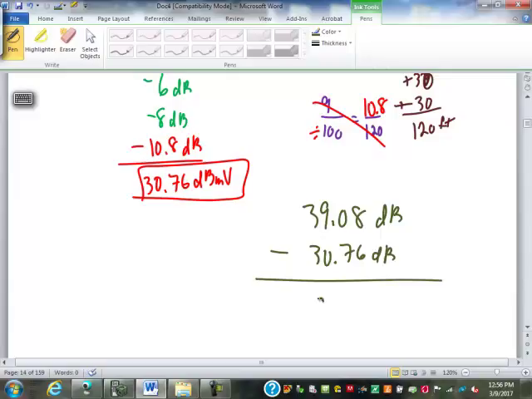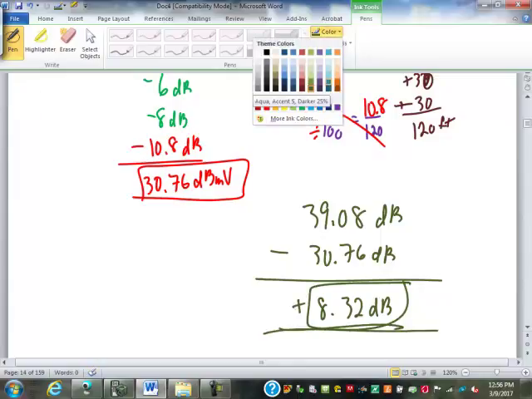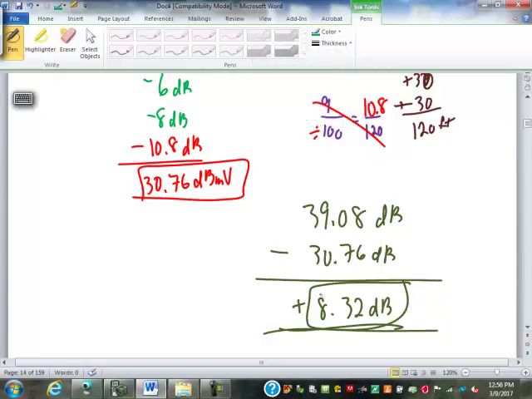So what is that? 8.32 dB. So that amplifier has to be probably a plus 9 dB amplifier.